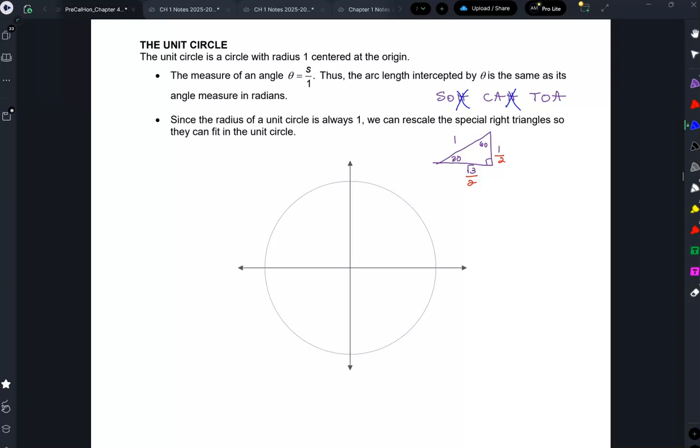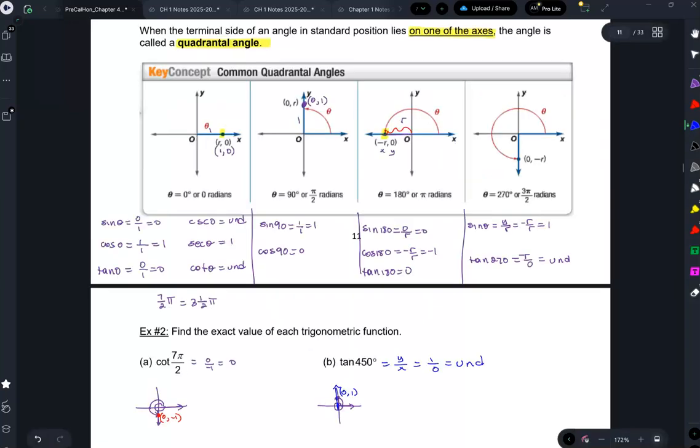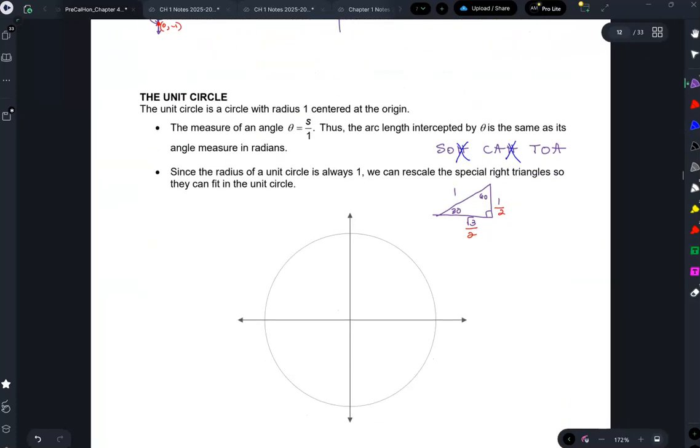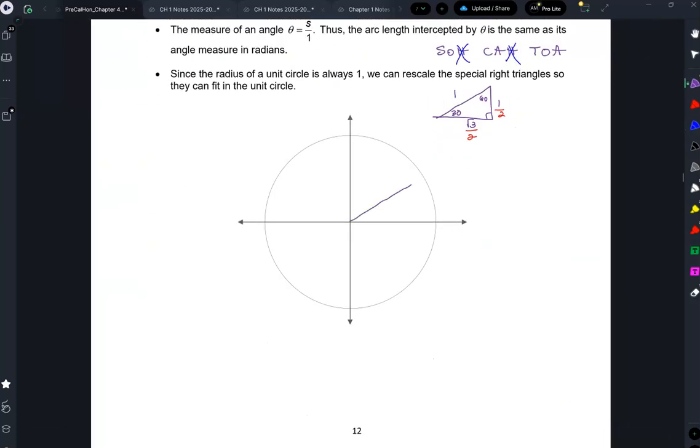So when I now try to fit that triangle in here, first of all, it does fit. Look. So now if this is 30 degrees and this is 1, this is a half, and this is root 3 over 2.